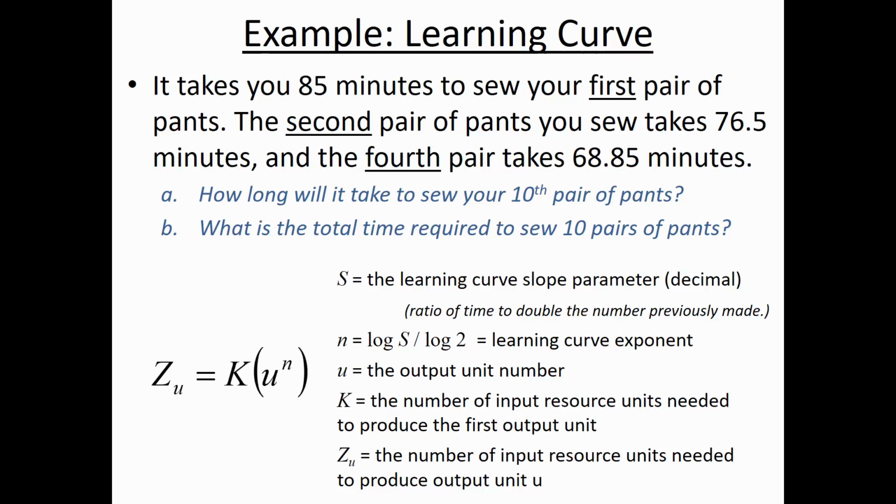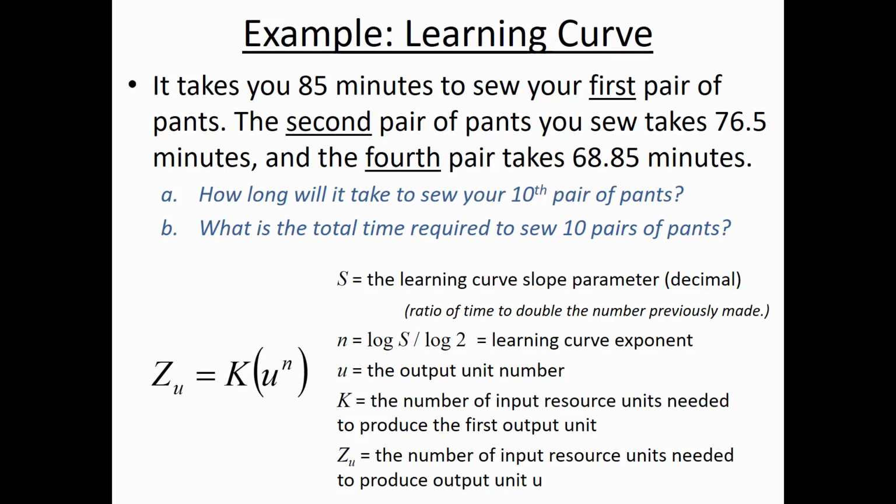So this factor, 10 to the minus 0.1520, becomes 0.70469. So it's going to take 59.9 minutes to make the 10th pair of pants.